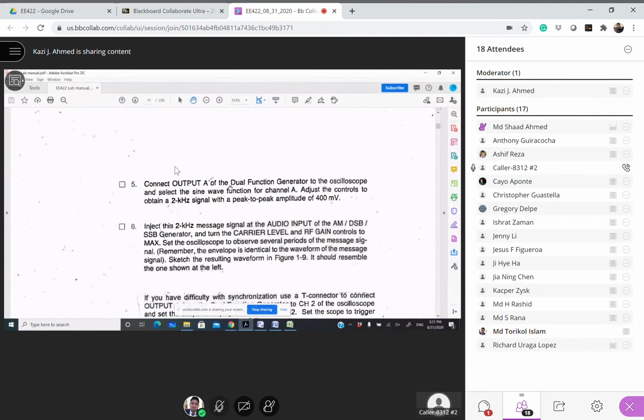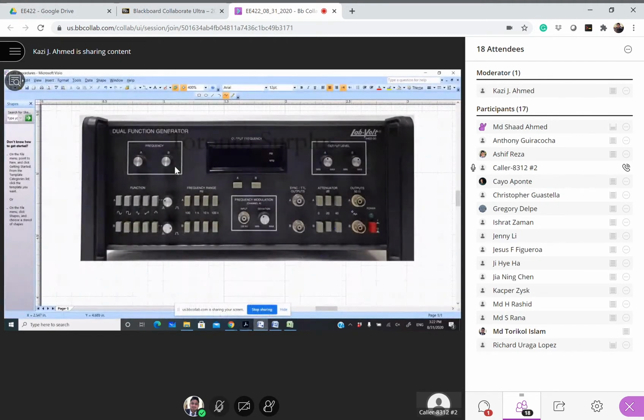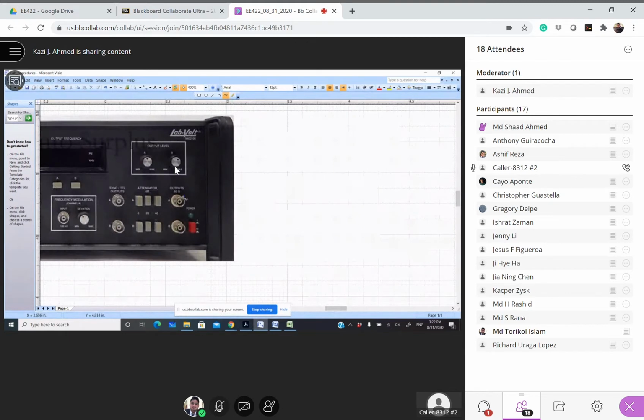Connect output A of the dual function generator to the oscilloscope. If you could read, this is called output A and this is called output B. We're going to connect this one to the oscilloscope.